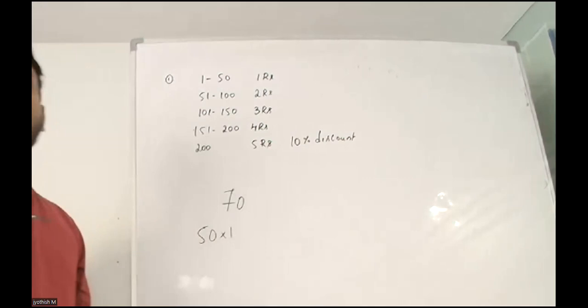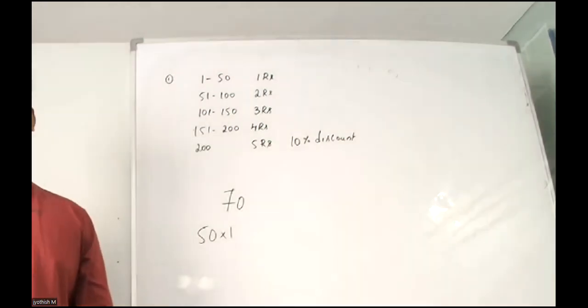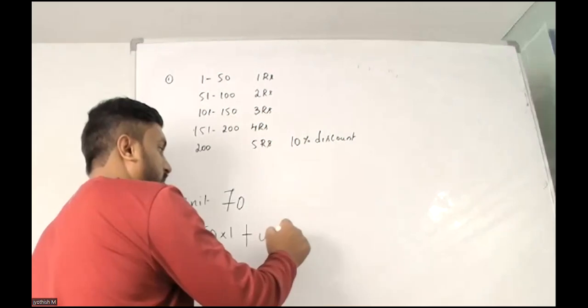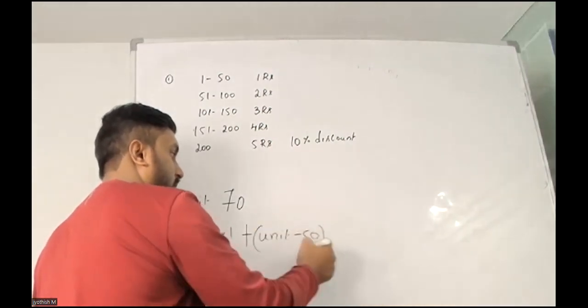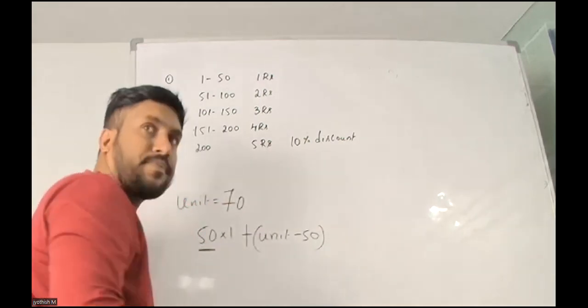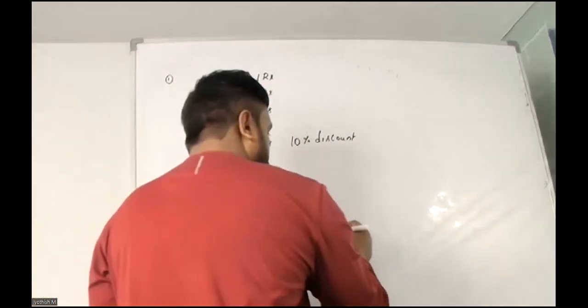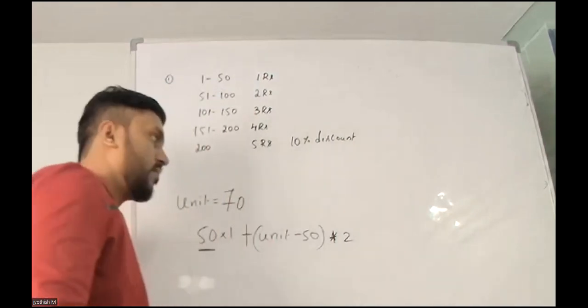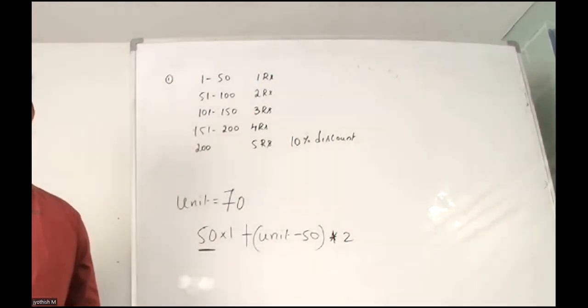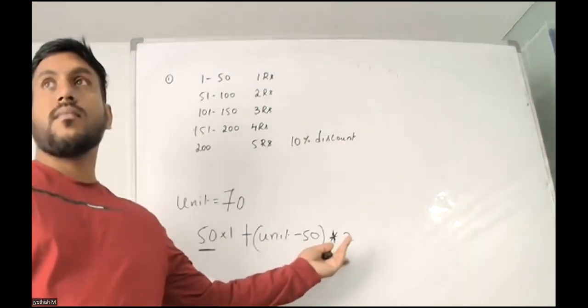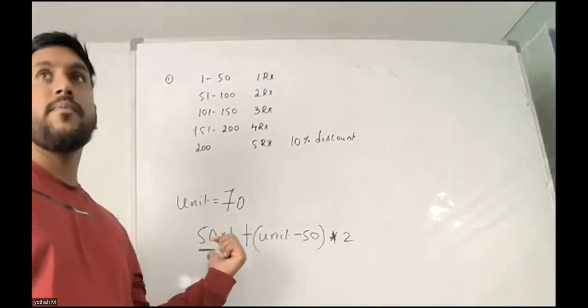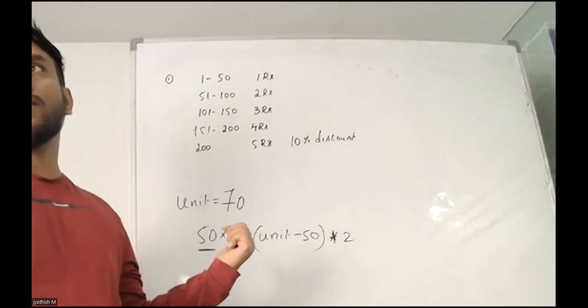The rest left is considered as units. Can I write unit minus how much you charged already? Unit is 70, minus 50 is 20. 20 into 2 is 40, 40 plus 50, 90 rupees.